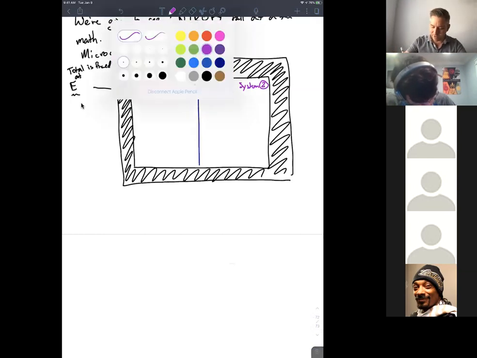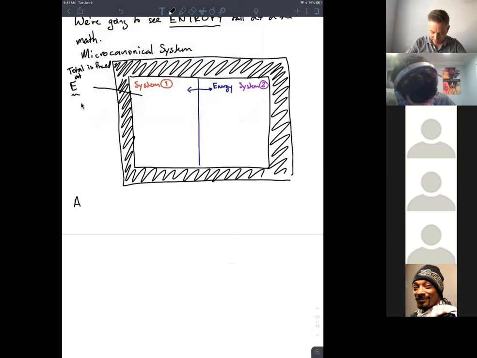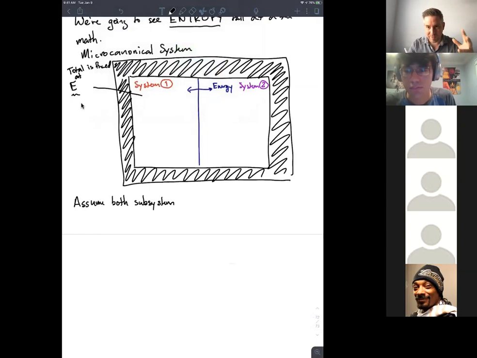Okay, so now we are going to assume, without loss of generality, you can assume other things, but you will get exactly the same answer, that both subsystems have the same number of particles.